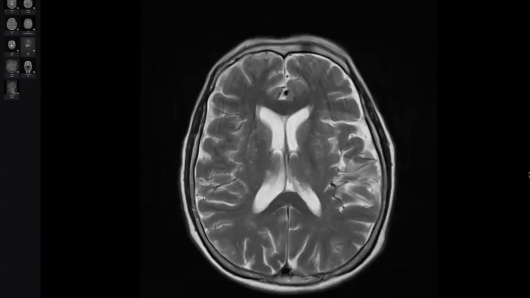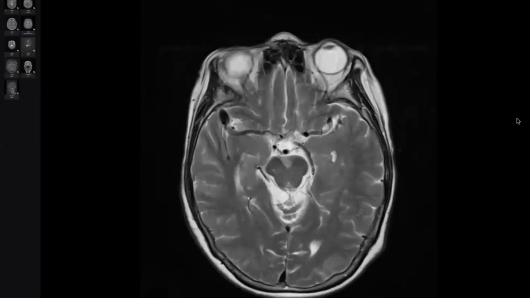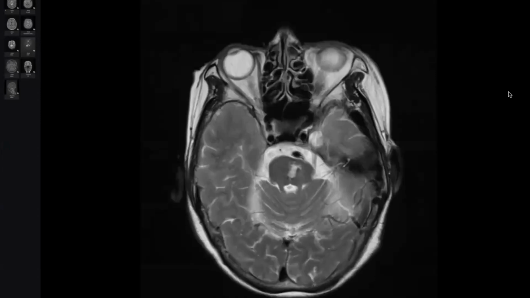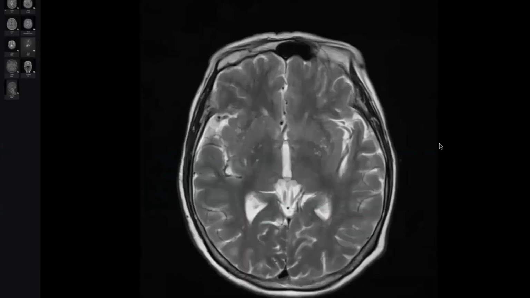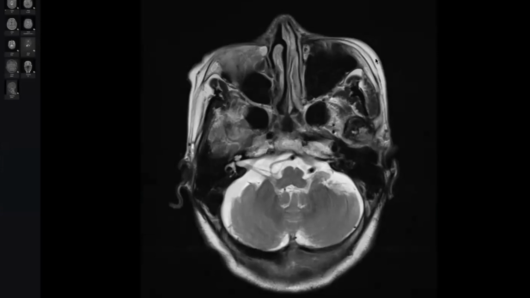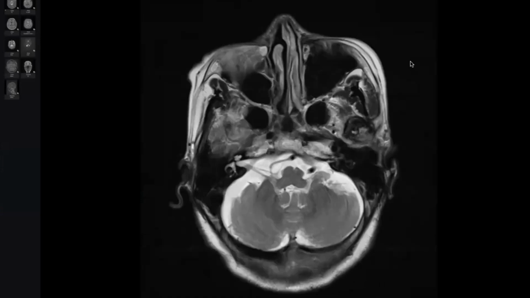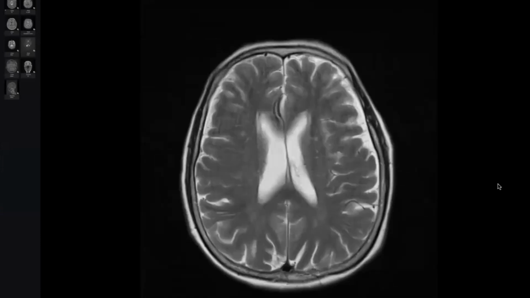Both ICs are unremarkable. I would like to see it further on diffusion weighted image. Can I see the diffusion weighted image? See, don't worry about this medullary finding. What else?